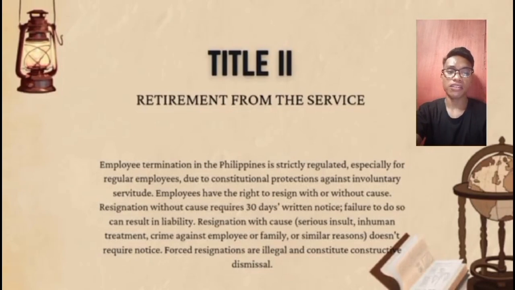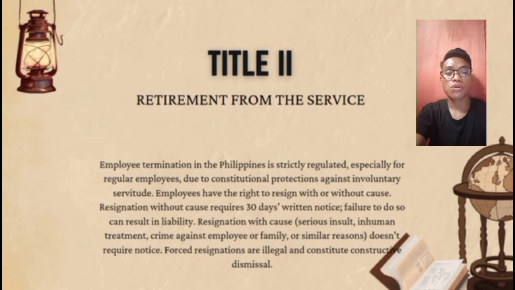Employee termination in the Philippines is strictly regulated, especially for regular employees, due to constitutional protection against involuntary servitude. Employees have the right to resign with or without cause. Resignation without cause requires 30 days written notice.